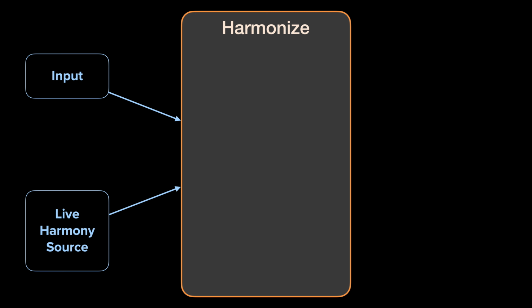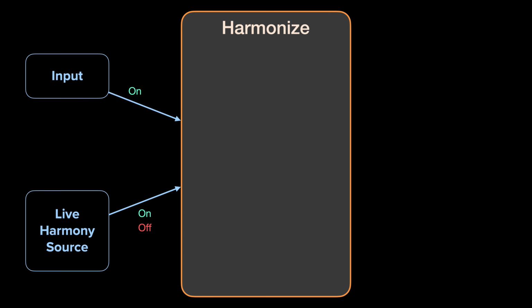Harmonize responds to two kinds of messages from the live harmony source, note-on messages and note-off messages. Whenever Harmonize receives one of these messages, it records the change in the harmony, summarizes the harmony, and plans how to respond in the future to messages that arrive at its input. Harmonize responds to three kinds of messages from its input.